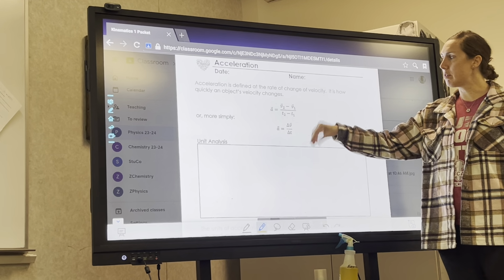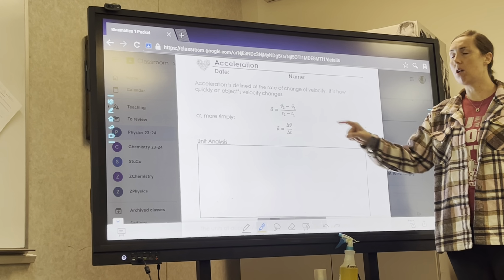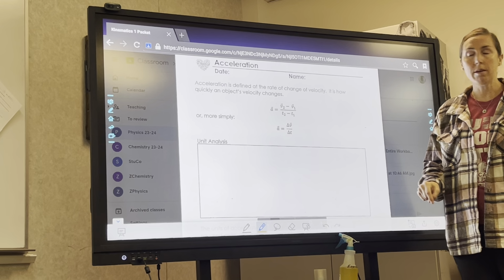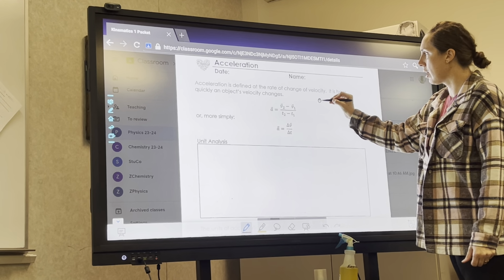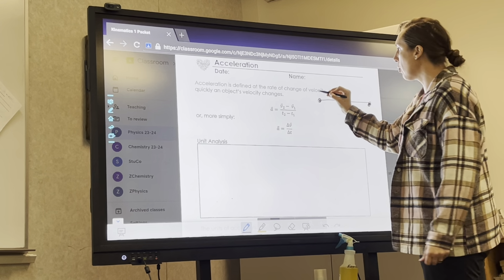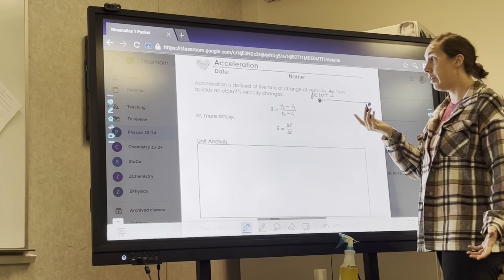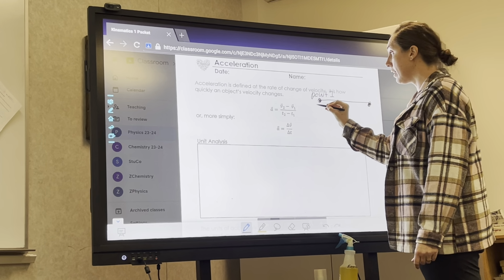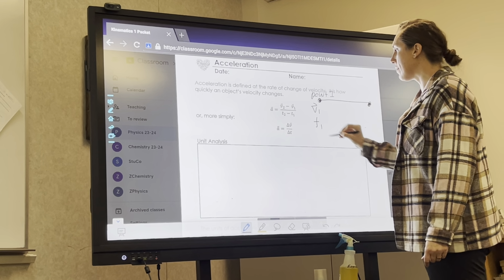Or if we want to put all this together, acceleration is your change in velocity all over the change in time. So keep in mind, you're going to need 2 points. You need point 1, where we need to know the velocity at that point and the time at that point.